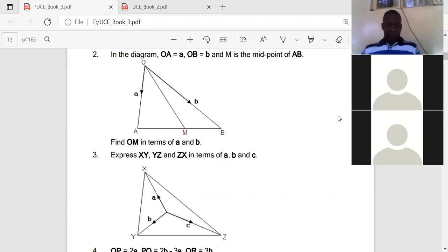Are you finished copying? Yes. Almost. Take a screenshot. So we send to a number. I'm going to show you how you send. I'm going to show you.